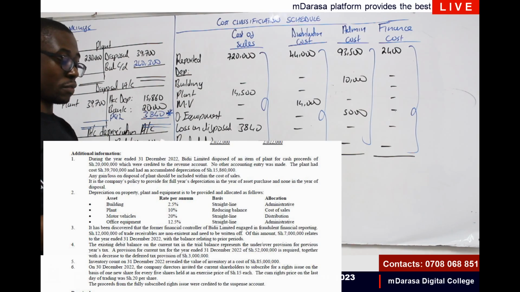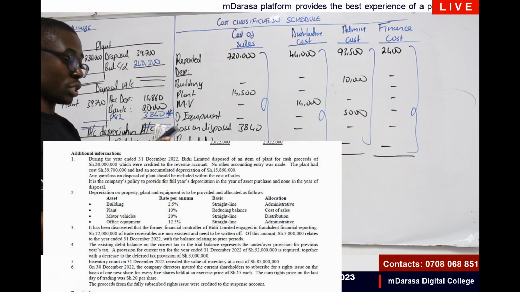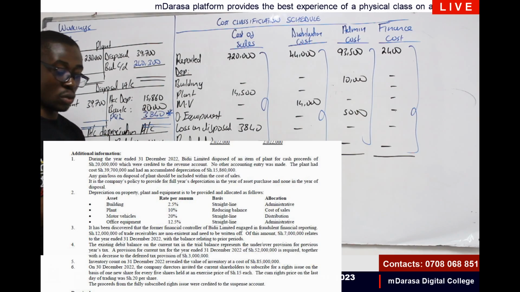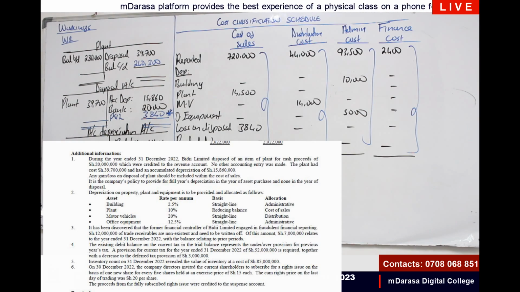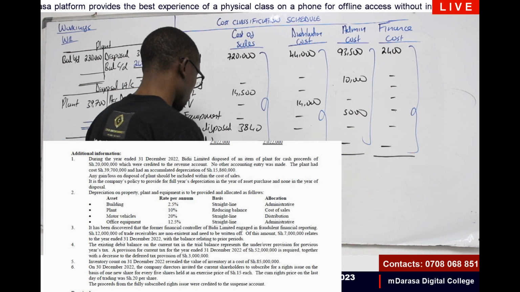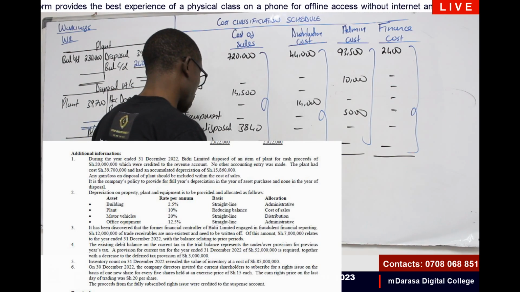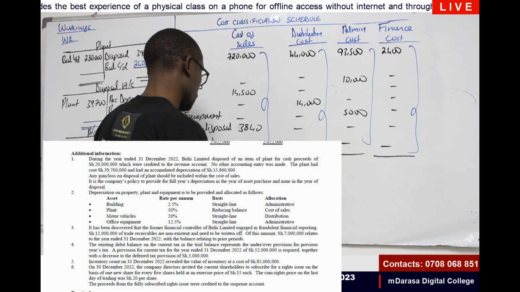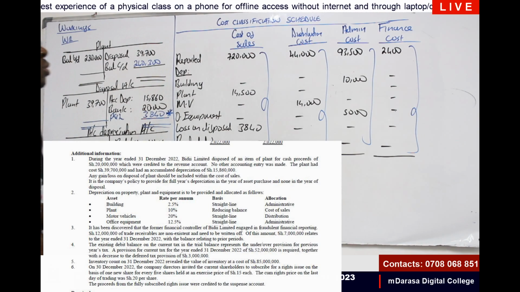We add 14,500. We add 3840. We add 7,000. So this will give us a value of how much? I'm getting 745,340. You'll mark these figures for Mwalimu.